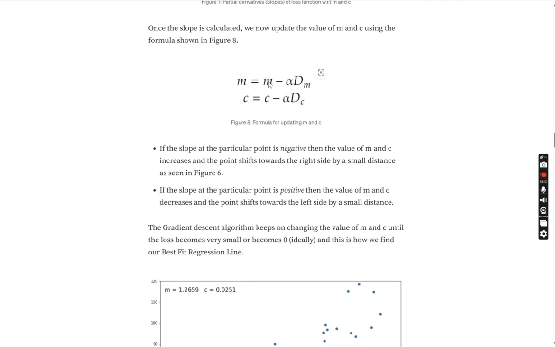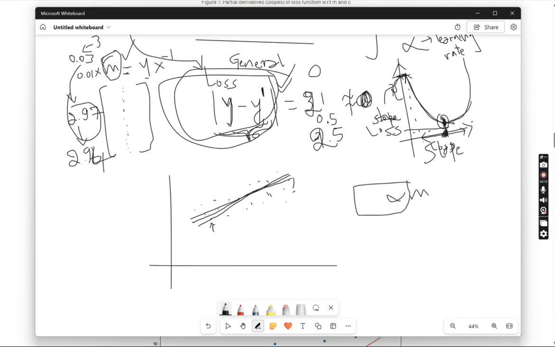This is what I said. From the slope you will subtract the smaller version, that is, you will multiply by alpha. Initially, if your slope was 3, you will multiply the slope with alpha 0.01. So 3 minus 0.03, and now you get 2.97.